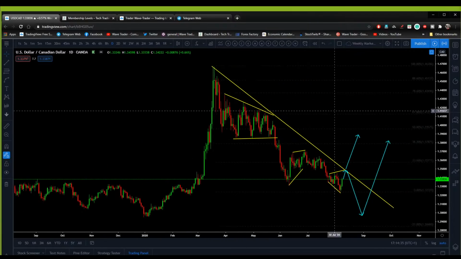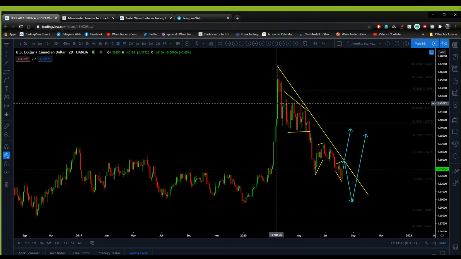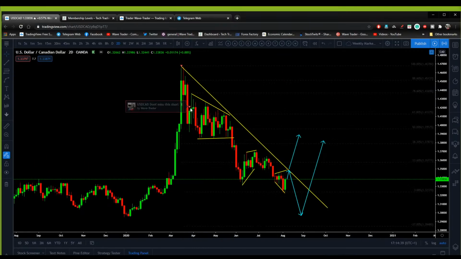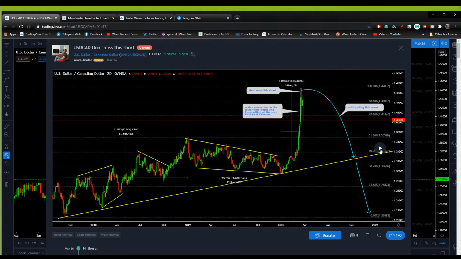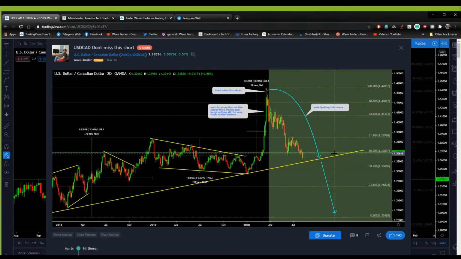If I look at the 2-day chart, let's go to this chart. Since I posted these charts on the dollar, the dollar has been getting weaker, these two-day charts. So a deeper pullback, then strength on the dollar for the short to medium term.